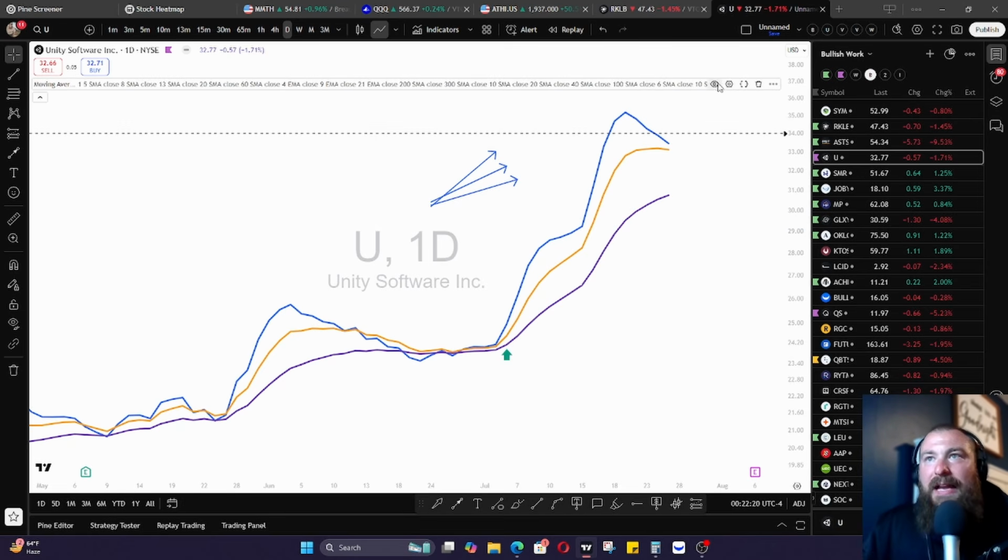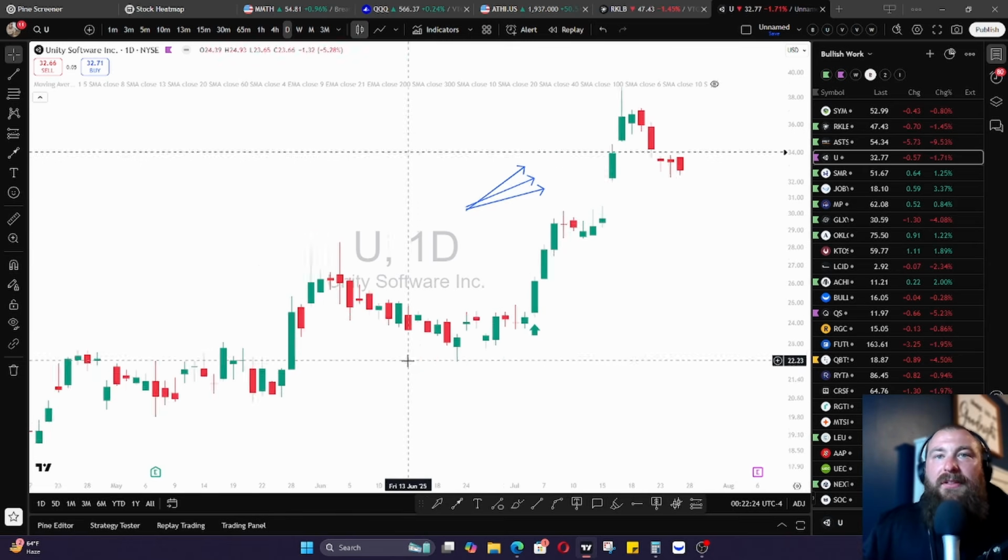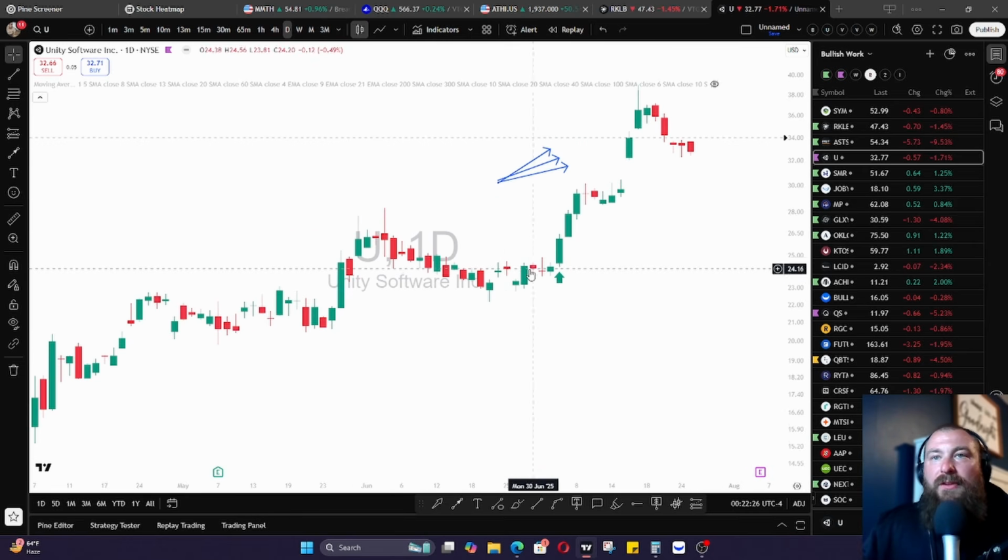But we don't need the moving averages. We can do this based on price. You have 1, 2, 3, 4, 5, 6, 7, 8, 9, 10. So now you have your 10-day consolidation here.